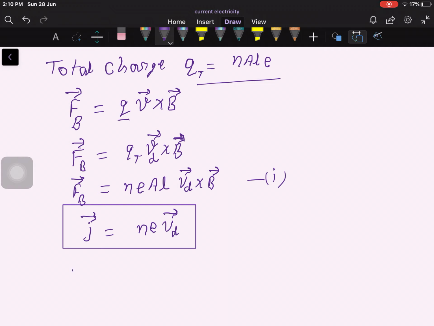So I can replace this in equation 1. I am just rearranging it so that we can identify what should be written and what will be removed.